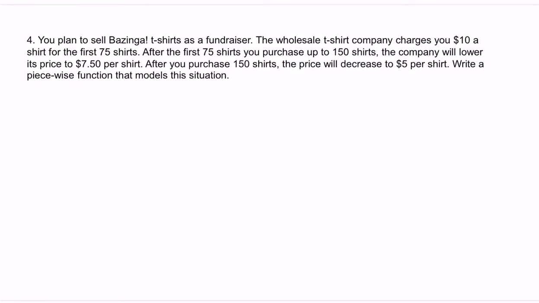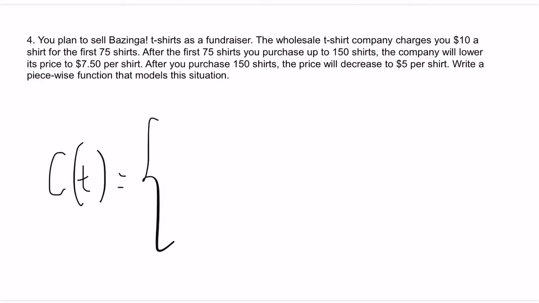Last. You plan to sell Bazinga t-shirts as a fundraiser. The wholesale t-shirt company charges you $10 a shirt for the first 75. So let's have C of T for the t-shirt.